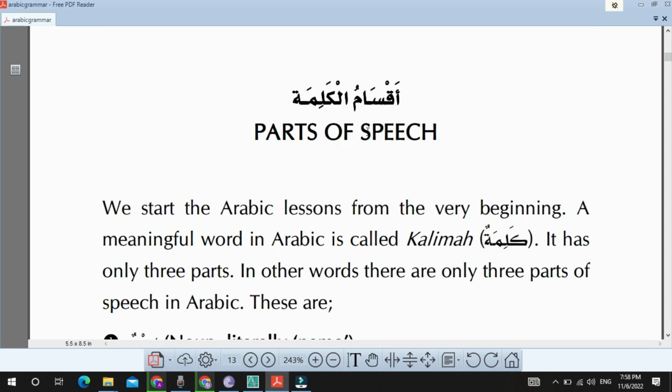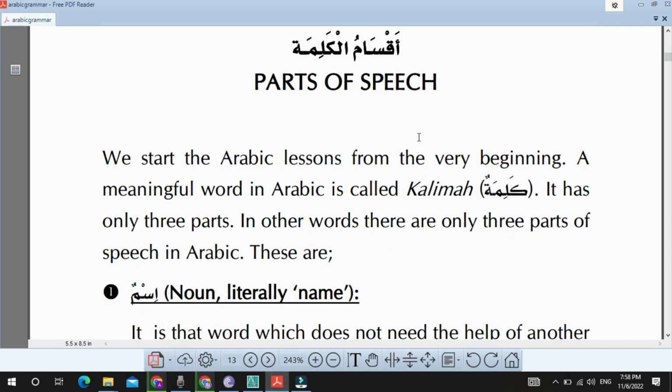You can see here on our screen, we started the Arabic lessons from the very beginning. So first of all, you know the very basic word in Arabic is kalima.